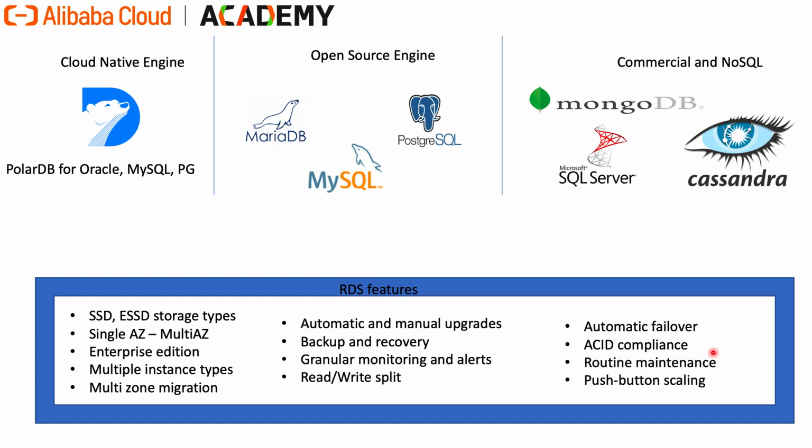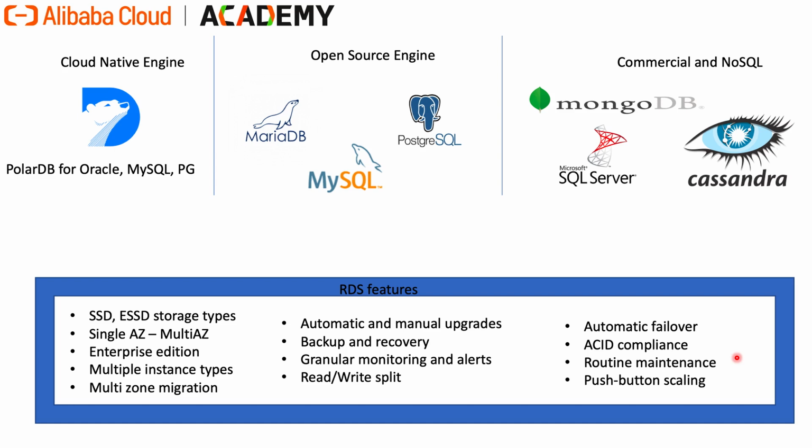As I have mentioned before, yes, it follows ACID compliance. Then we have routine maintenance. What I mean here is, let's say you are using MySQL. In RDS MySQL, we generally use the latest minor versions. Let's say you are using 8.0.5 and you want to upgrade to 8.0.20.